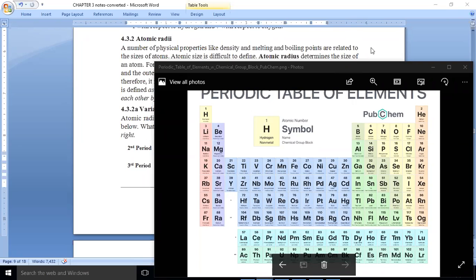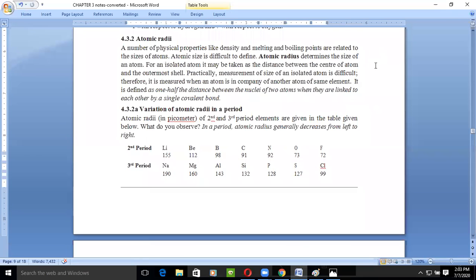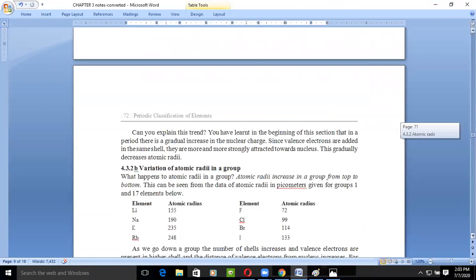So that is why we see this variation, a continuous decrease in the size of these atoms along the period. There is a specific reason given here: this is due to the gradual increase in the nuclear charge.